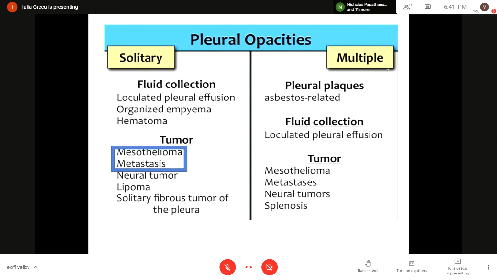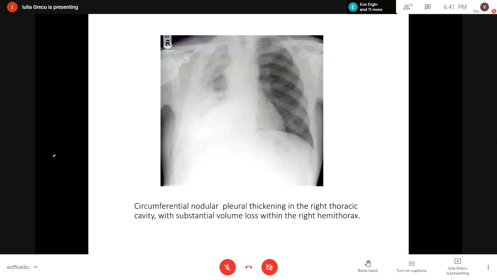Okay, here is a list of pleural opacities that can be found and can be the cause of the things that we can see on chest x-rays. I will only insist on this kind of lesions, mesothelioma and metastasis.